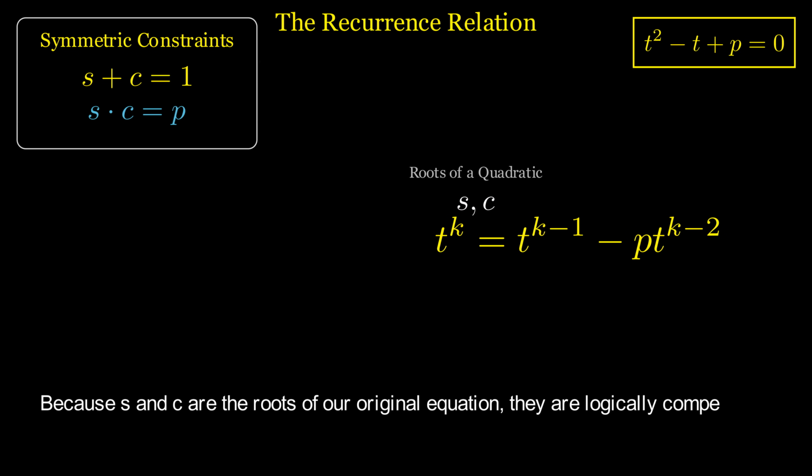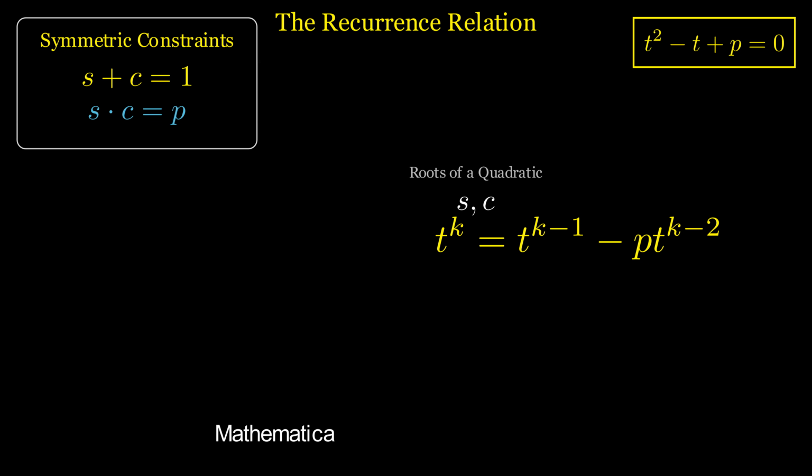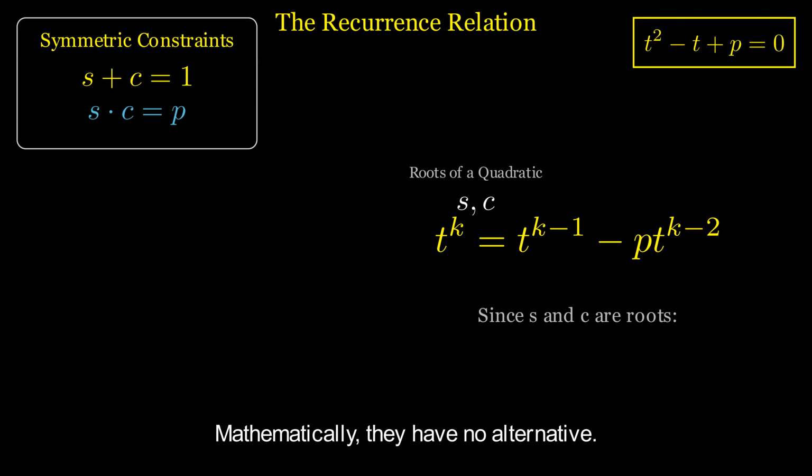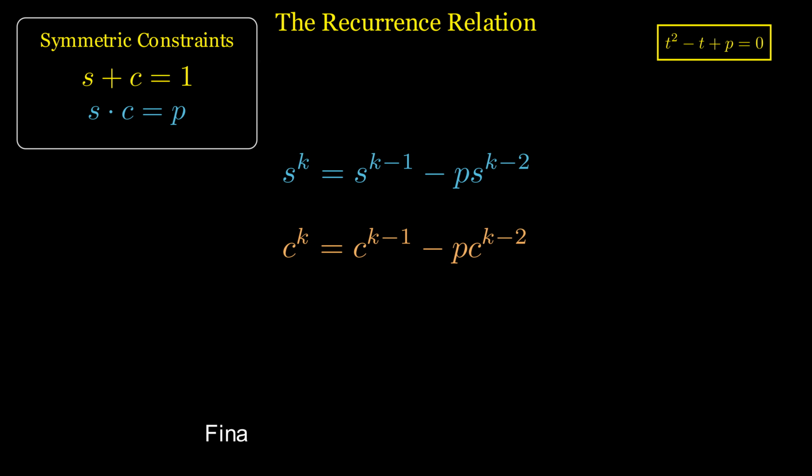Because S and C are the roots of our original equation, they are logically compelled to satisfy this identity. Mathematically, they have no alternative. Finally, we exploit the principle of linearity. Define S sub k as the sum of these powers.